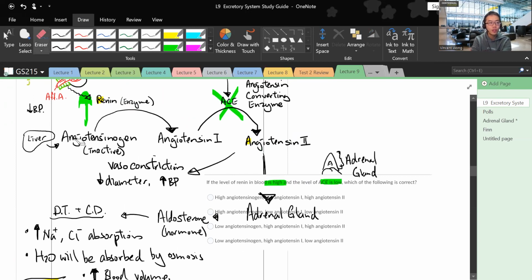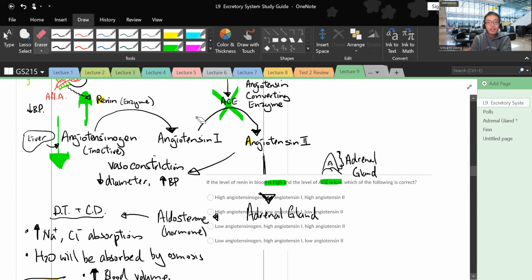You start with angiotensinogen. If you have high renin, then angiotensinogen will be converted into angiotensin number 1, right? This reaction will keep on going until you run out of angiotensinogen. So if you have high renin, this is going to be low because you're using all of it and converting it into angiotensin number 1.